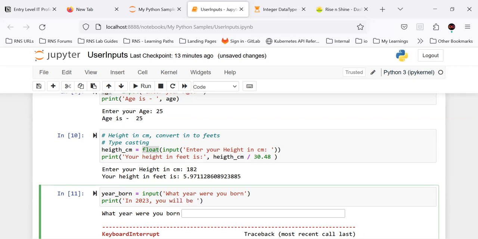So what do we need to do? 2023 minus the year he was born. That's what we need to deduct. Yes, this is the operation. We are comparing with today's date, and you get the years old.